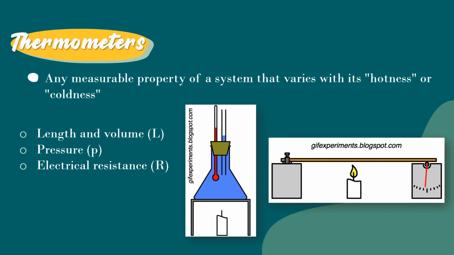We also have length. The length of materials normally increases when heat is added, as well as the pressure, as you have seen in the simulation. And also, the electrical resistance of the material is affected when heat is added. We'll discuss electrical resistance further in our next lessons.